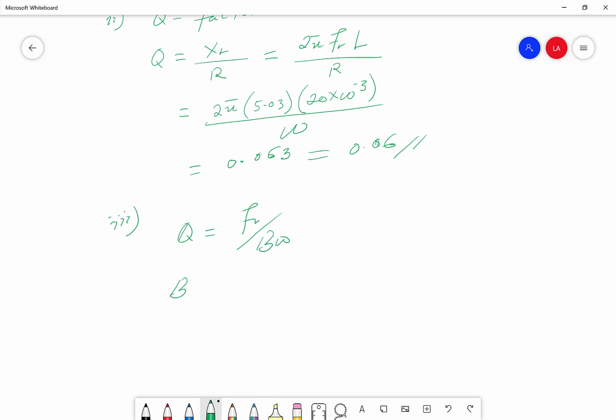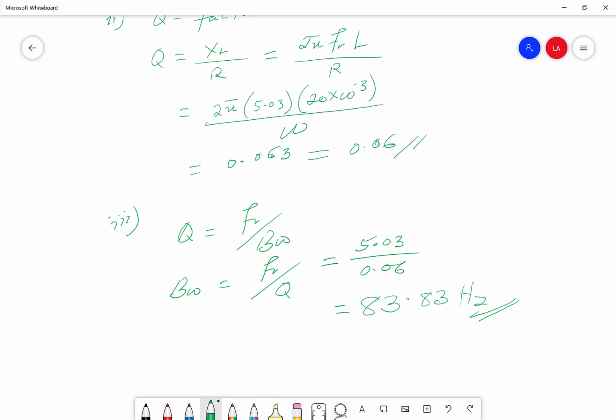So bandwidth will be the same as FR divided by Q, which in this case, FR is 5.03 divided by our Q factor, which is 0.06, and that will give us 83.83 hertz as our bandwidth.